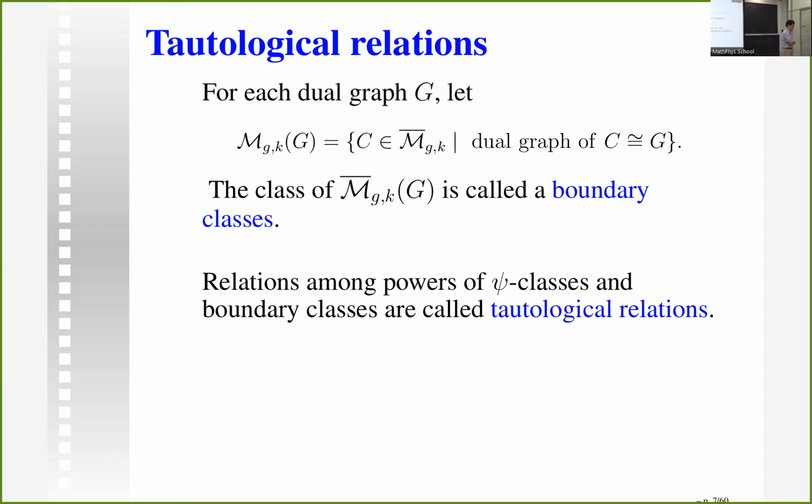I should say that this definition of tautological relation is of course too restrictive. The algebraic geometers also consider a larger class of tautological relations, namely those involving kappa classes and lambda classes. But since I'm interested in Gromov-Witten theory, and kappa classes and lambda classes do not naturally appear in Gromov-Witten theory, when I talk about tautological relations, I mean this very restrictive sense.